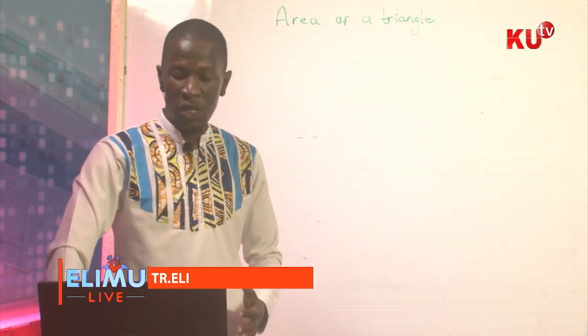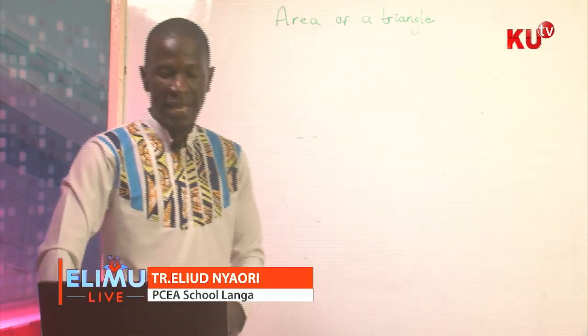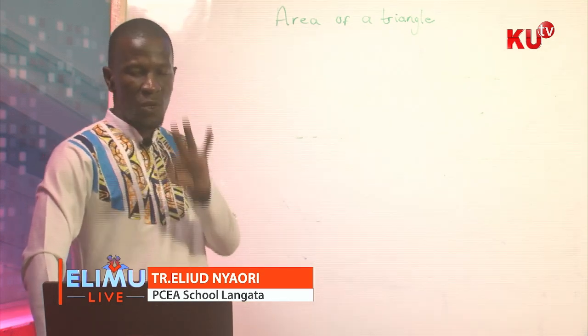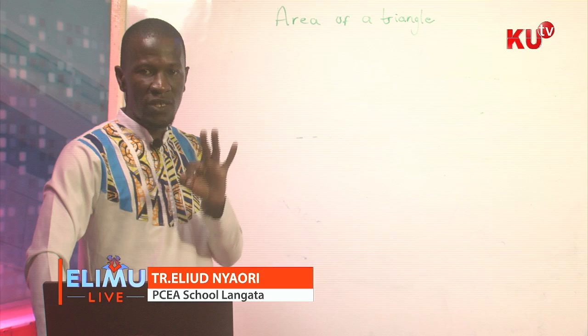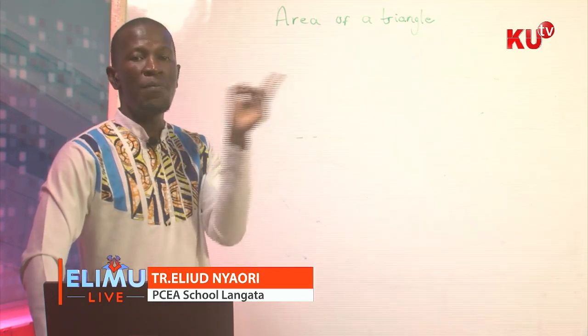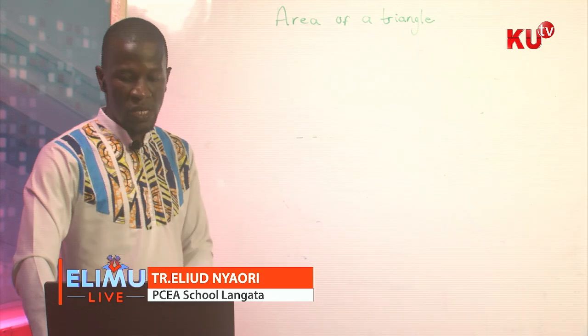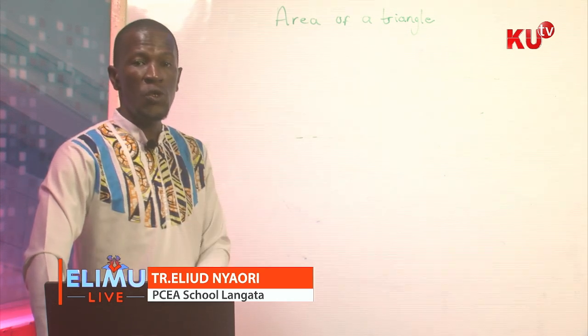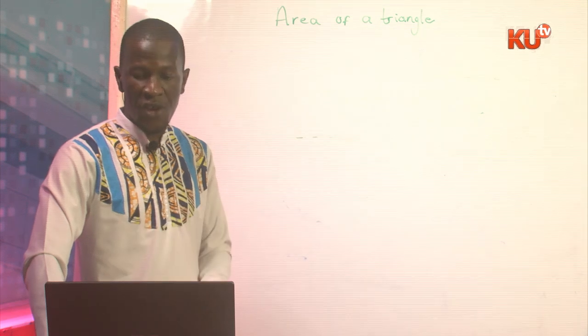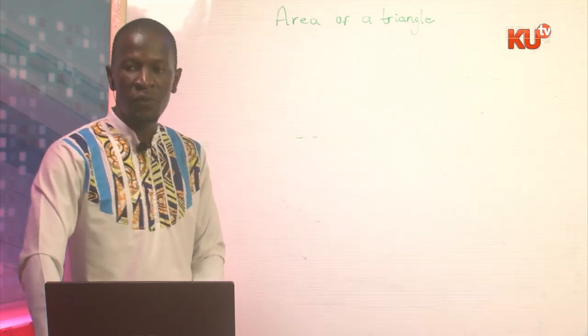Then you need to identify the sides of a triangle, where I've said we have 3 sides, which are known as the height, the base, and the hypotenuse. But we do not use the hypotenuse when we are finding the area of a triangle.